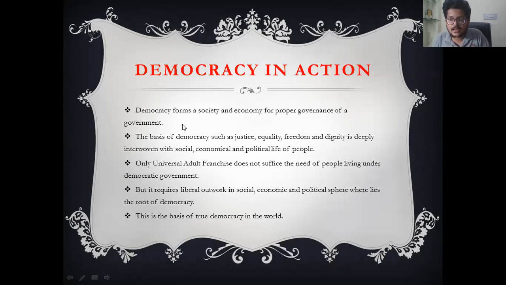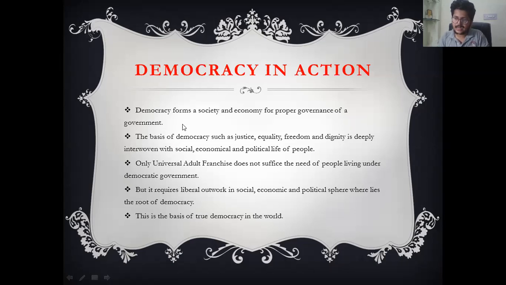It is the thing by which the common people elect their government. People, irrespective of caste, color, creed, religion, gender, have the power to vote, and they vote for the government of the country, to decide who will form the government.